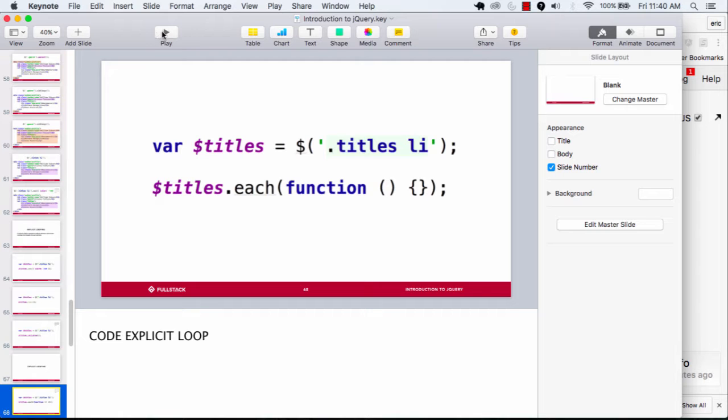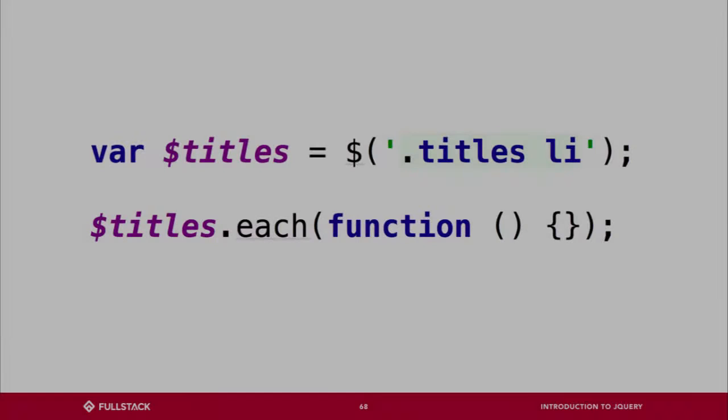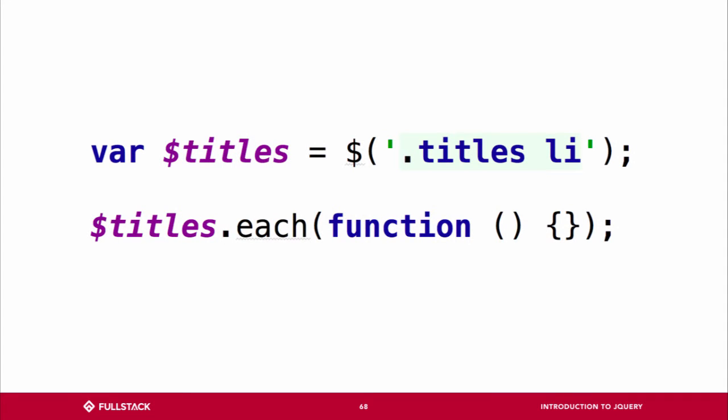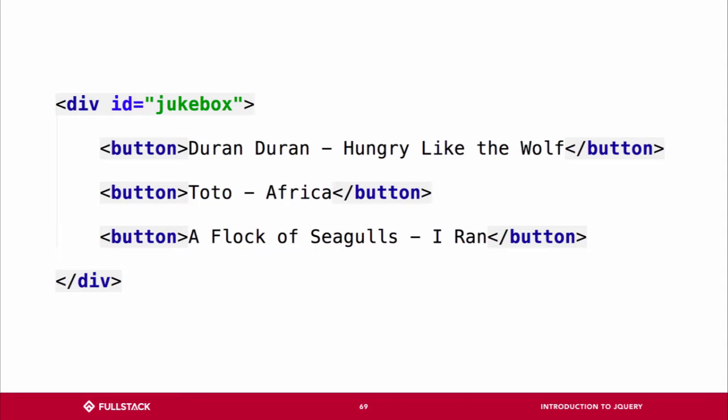So one of the things that you don't have to do, but have the ability to do, is manually, explicitly loop over each item in this collection. The important part here is that when you loop over each of those, you're basically looping over a DOM element.